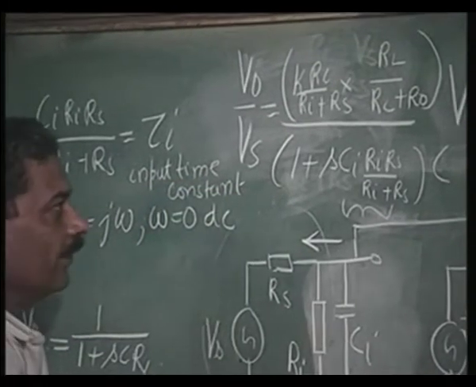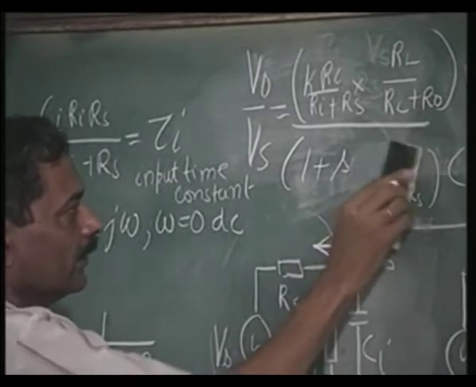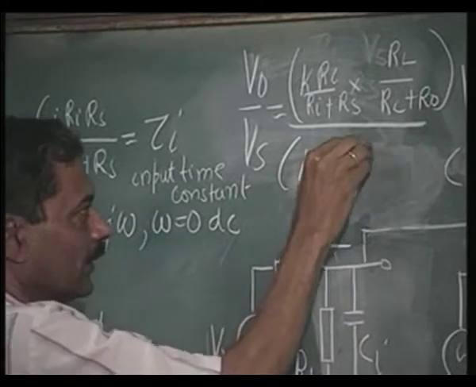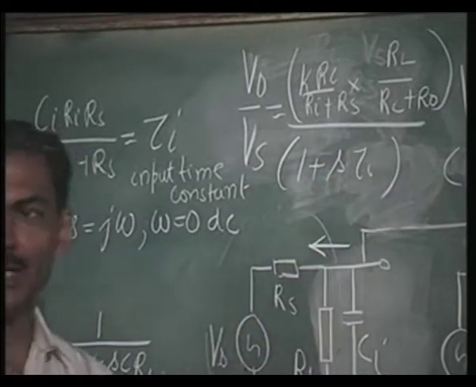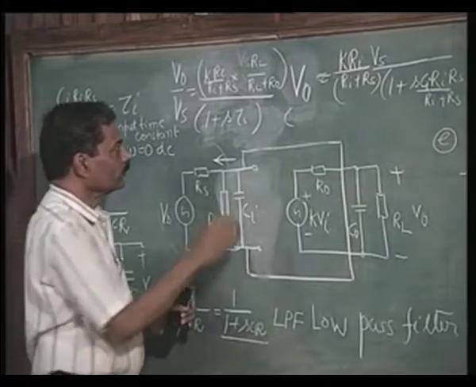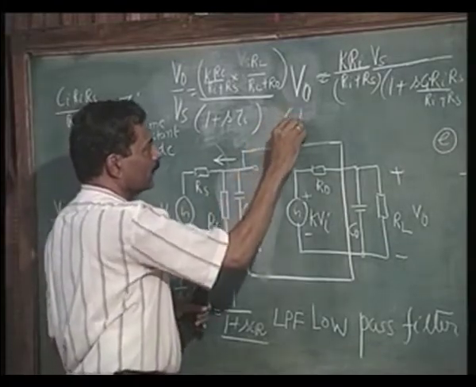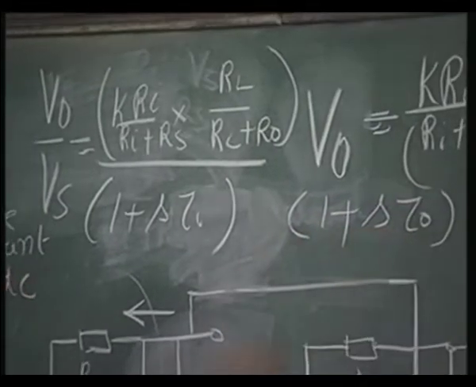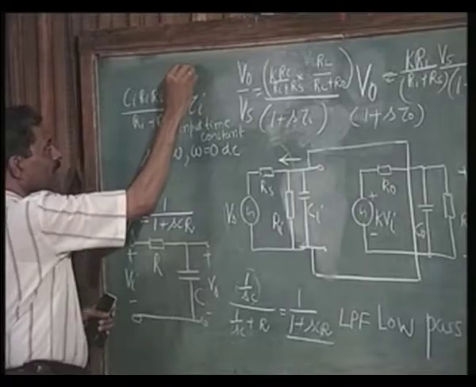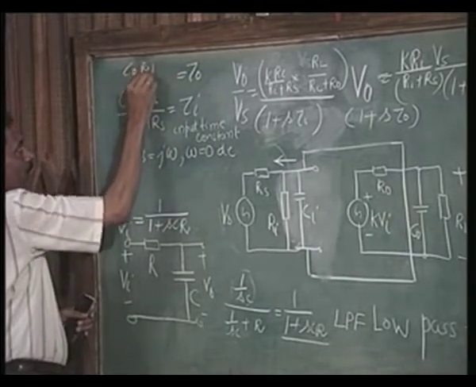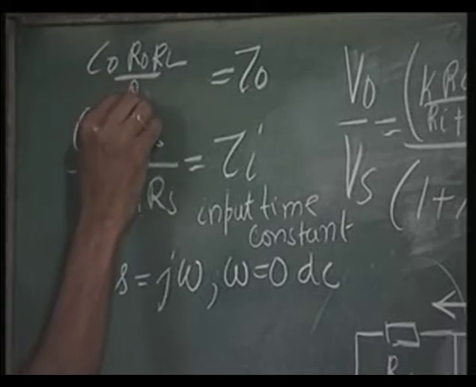So instead of keeping on writing this, put it as simply input time constant tau I. C into R has the dimension of time. The other one is therefore called the output time constant, and output time constant is tau naught, which is C naught R naught RL by R naught plus RL.